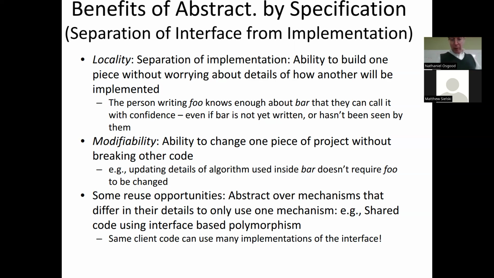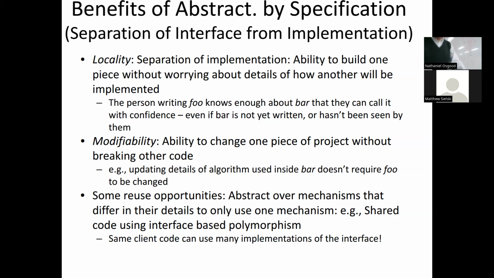So here we get some reuse. We have the ability to reuse code long after this code is written, long after this code is available in libraries. New instances, new classes that implement interface I can be created. Classes that didn't exist when this code was written, this code in foo.